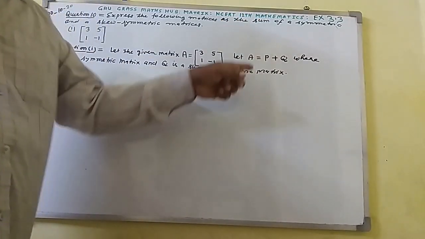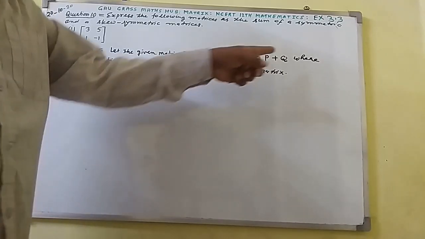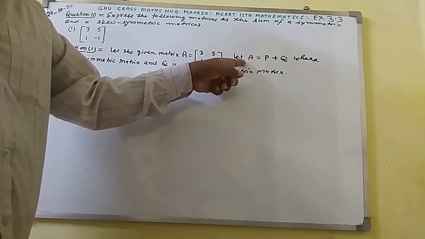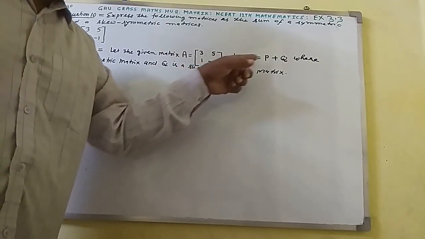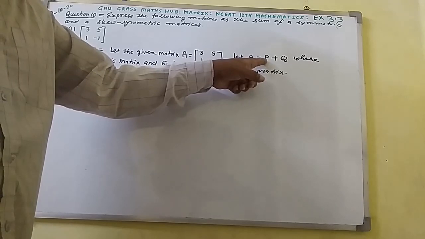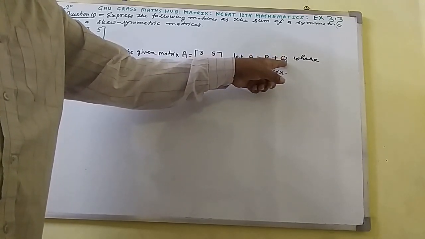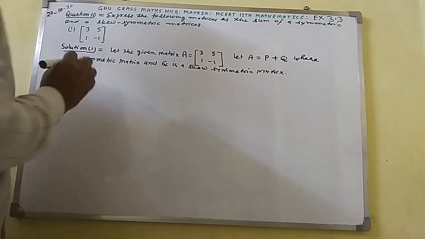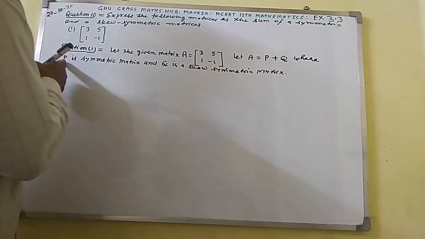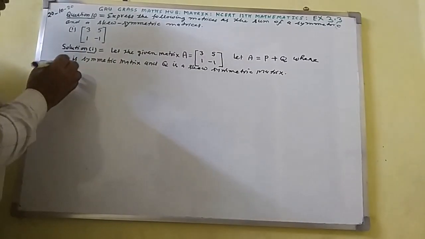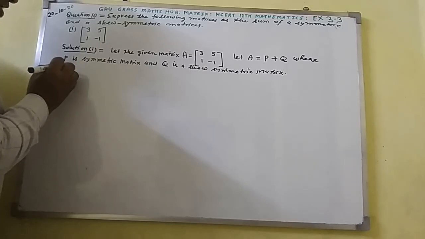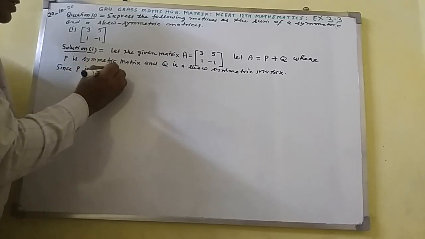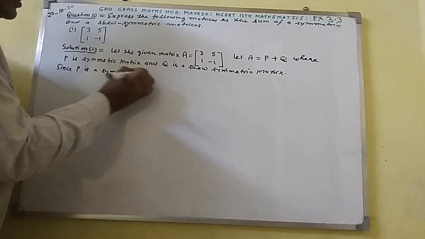So here the symmetric matrix is P and the skew symmetric matrix is Q. The given matrix A has been expressed in the form of the sum of symmetric matrix P and skew symmetric matrix Q. Here you can see P is a symmetric matrix.